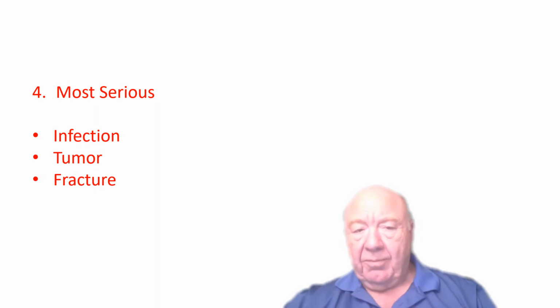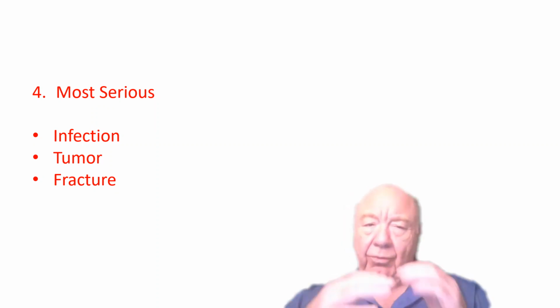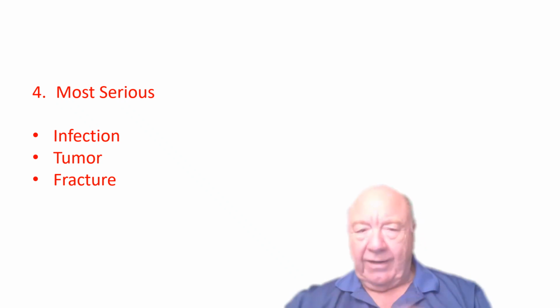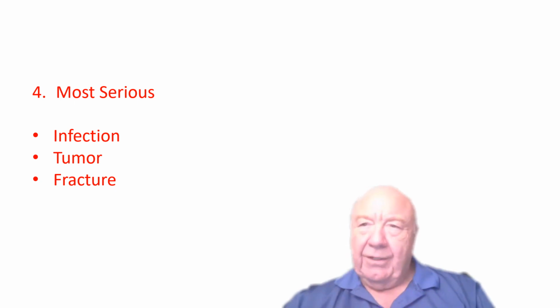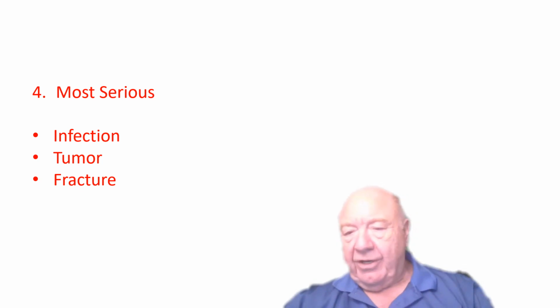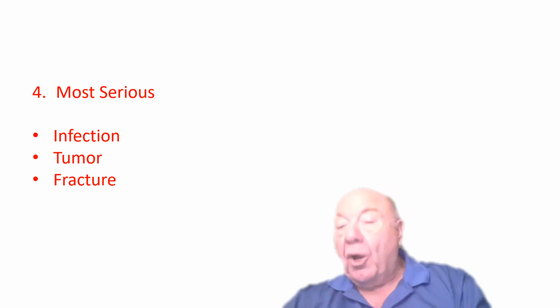Infection is a possibility, so if you're going to go that route, you need to start thinking about taking temperatures, pulse rates, and looking for really weird stuff in the history. And with the fracture, you need to palpate the bone and possibly use high intensity ultrasound to see if you can reproduce pain over the bone.